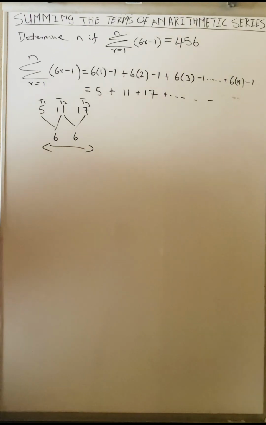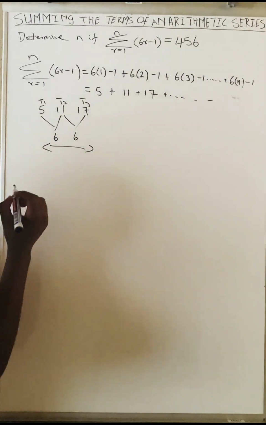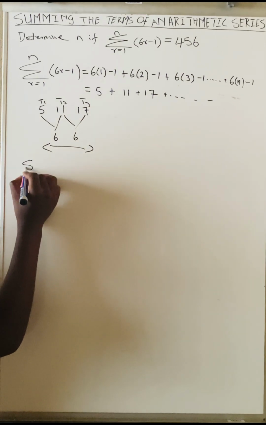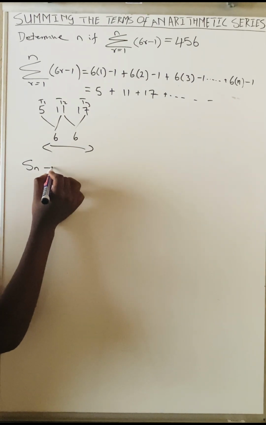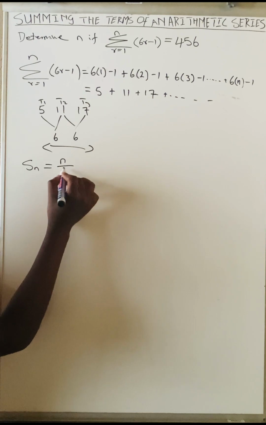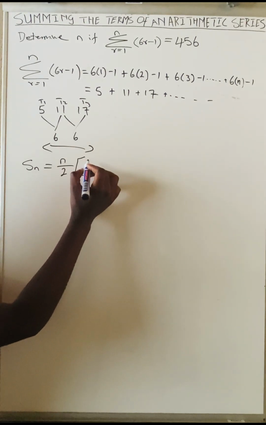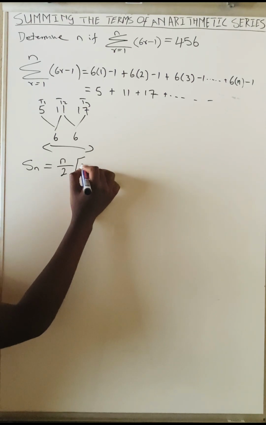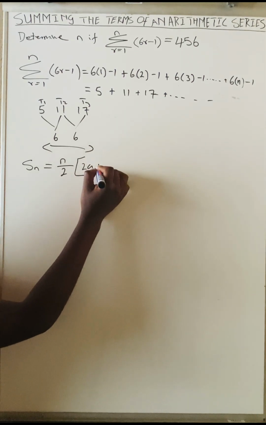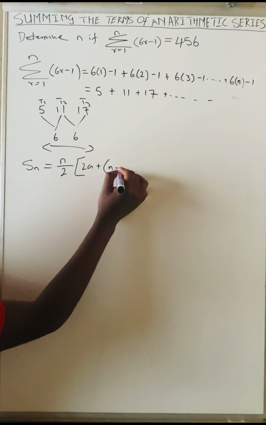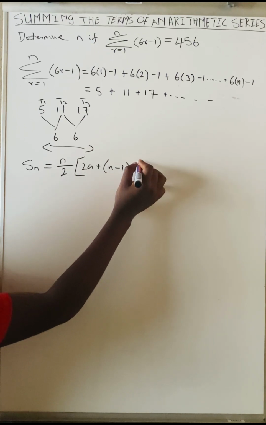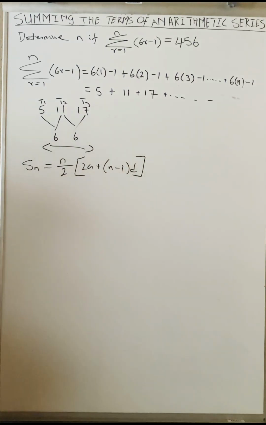From here, you take this formula: Sn is equal to n over 2 into brackets 2a plus n minus 1 multiplied by the difference.